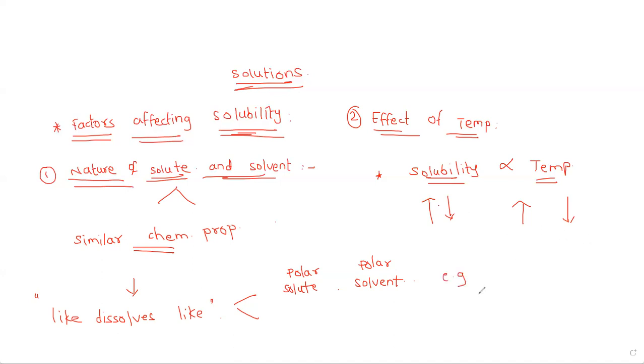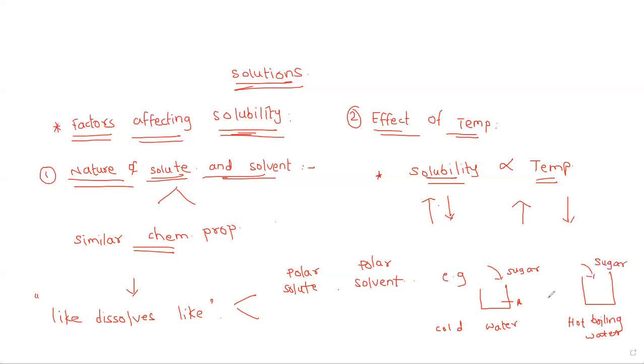For example, if I take container A, which has cold water, and I add sugar into it, and container B, which has very hot or boiling water, and again I add the same amount of sugar in it.